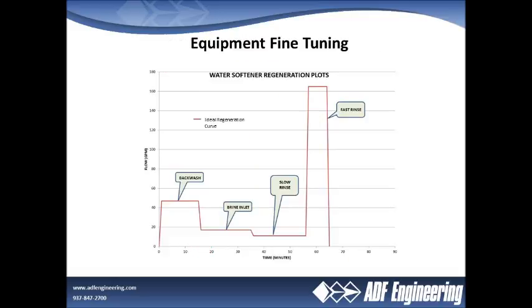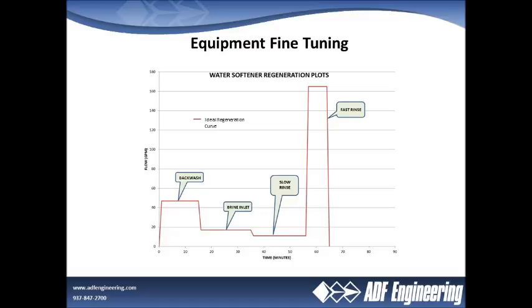So next I'm going to talk about, before you start looking at putting in new equipment, one of the things that you want to look at is making sure that the operations for your existing equipment is optimized. For some of you who are familiar with sodium cycle softeners, you'll recognize this as the regeneration curve for a softener. And I've been in a lot of facilities where softeners don't regenerate optimally. It's a 4-step process.